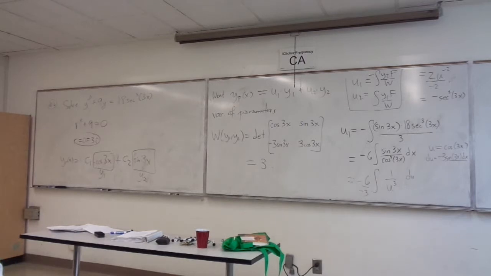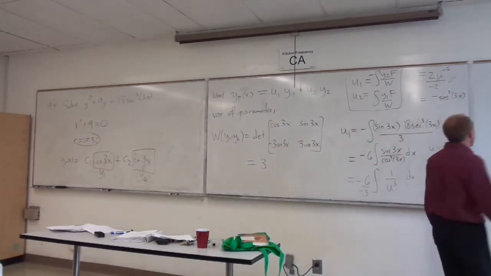I have negative tangent squared of 3x. That might be a mistake. Oh, I know. So this is what I just came up with right here. In my solutions, when you look at my solutions, I have this written down. And guess what? They're both right.